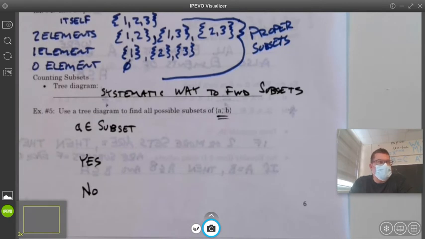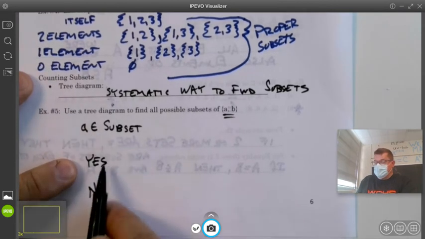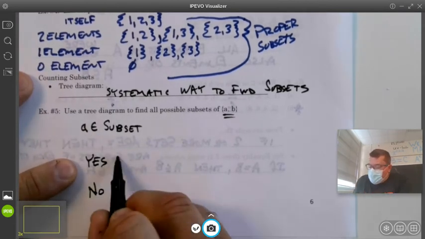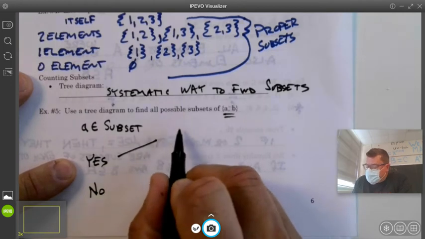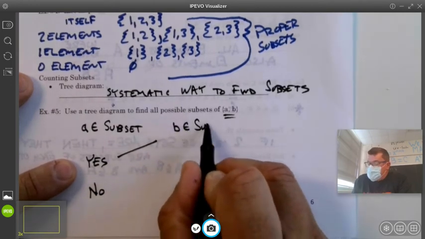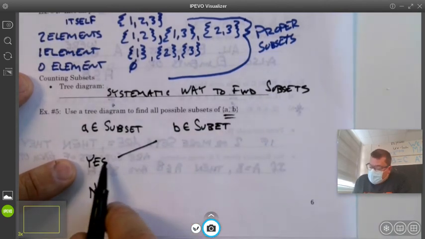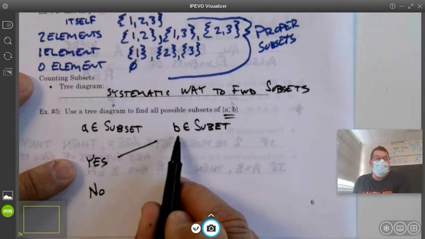Either yes or no. Well, yes. So if A is an element of the subset and it's yes, then we branch off and answer this next question. Is B an element of the subset? So it may be yes or it may be no.